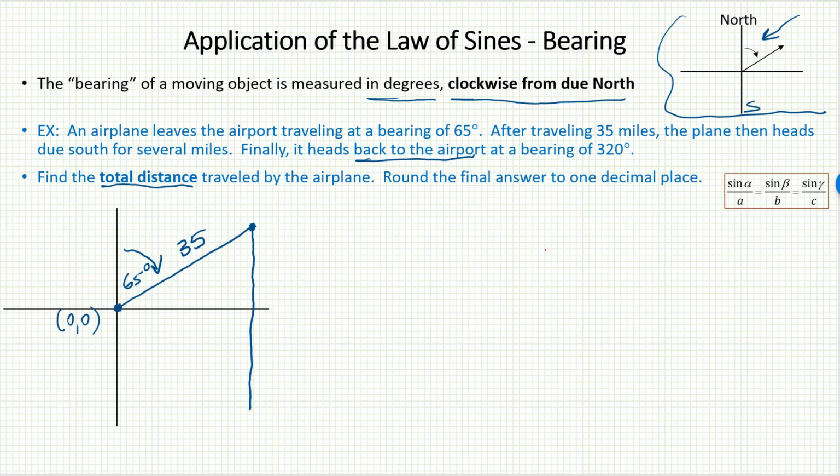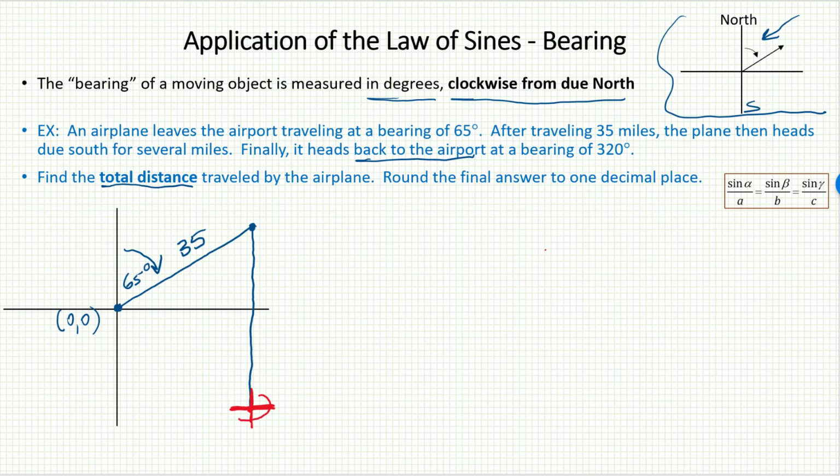Now what I find helpful when you have to change directions and it's not just up, down, left, or right, is to draw myself a tiny little axis at that spot, because then I can easily mark on my bearing. Remember, bearing is from north going around clockwise. 320, let's see, that's almost to 360.